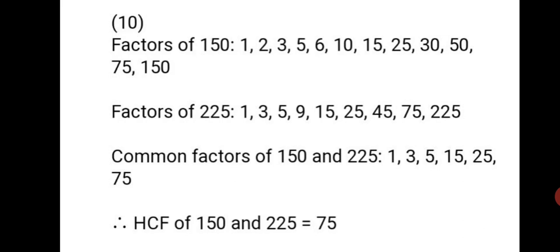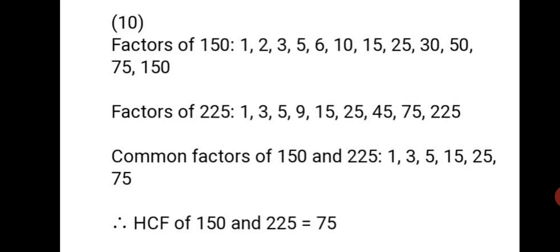Now, common factors of 150 and 225, write down 1, 3, 5, 15, 25, 75. Therefore, HCF of 150 and 225 is equal to 75. So this way you have completed question number 1. Find the HCF of the given numbers.